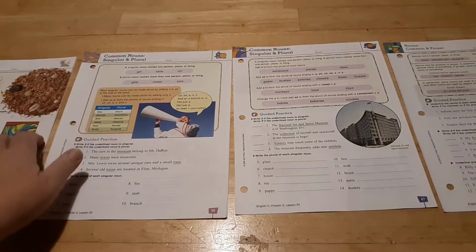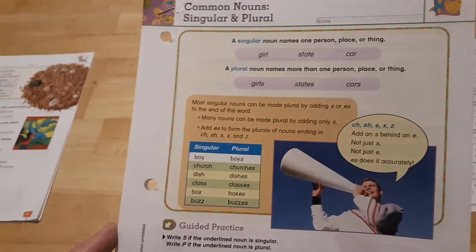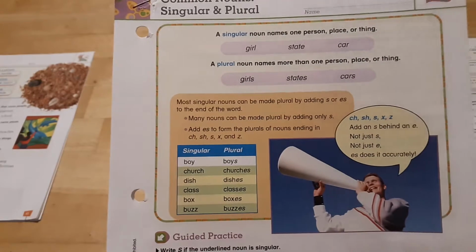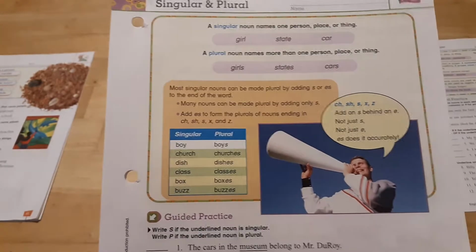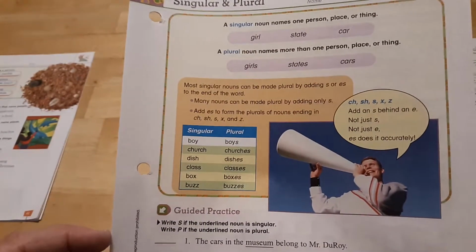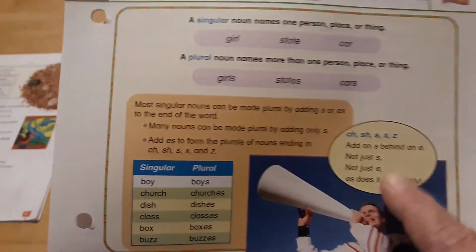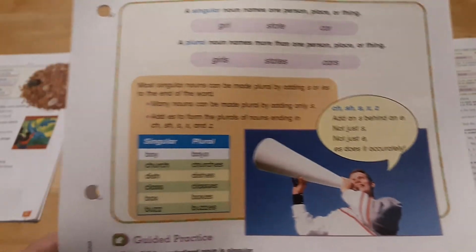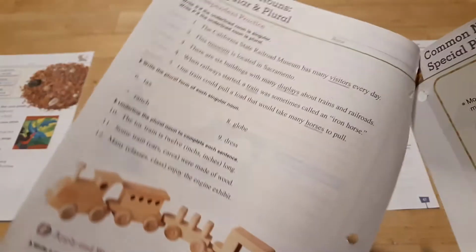Now for third grade nouns, I guess they go ahead and assume that you already know what a noun is, and then they refresh the rule on singular and plural nouns. They have adding S and ES, and then they have the spelling rule here with CH, SH, S, X, and Z to add ES.